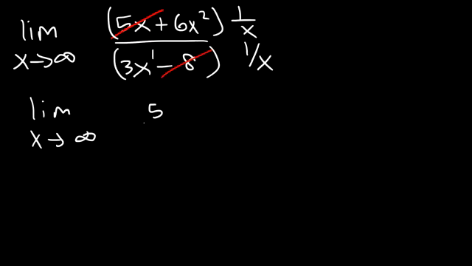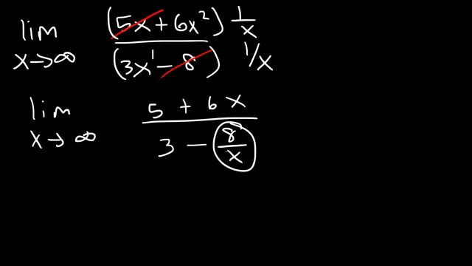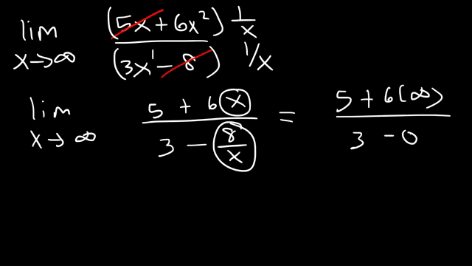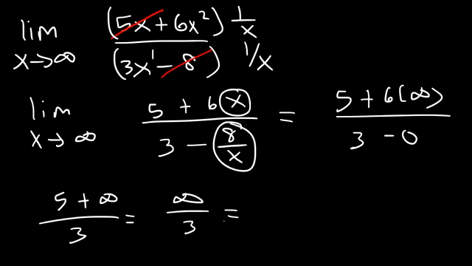So on top it's going to be 5 plus 6x, and on the bottom 3 minus 8 over x. So this is a bottom heavy function. When x becomes large, it's going to turn to 0. And here we can replace this with infinity. So 6 times infinity is simply infinity. And 5 plus infinity is still a large number, infinity. If you divide infinity by 3, you're still going to have a large number. So in the end, the final answer is just infinity.